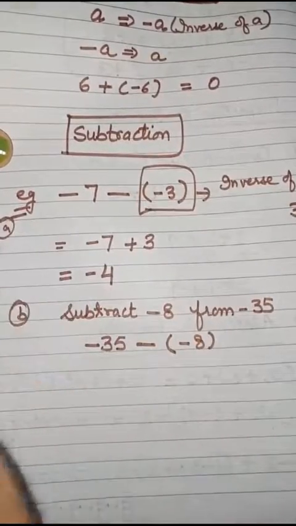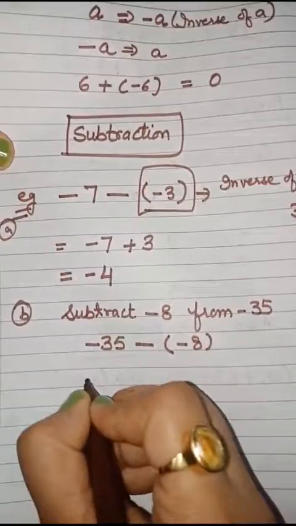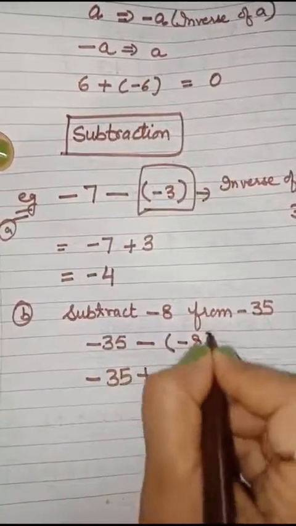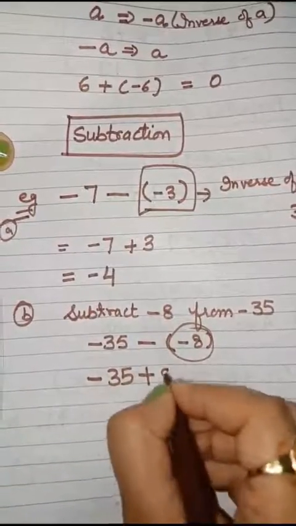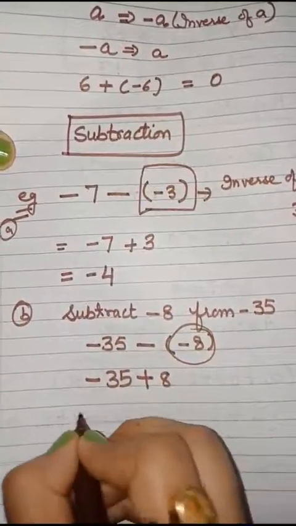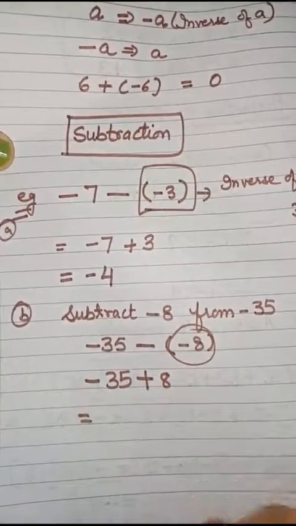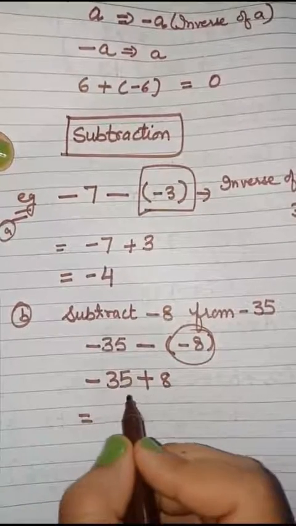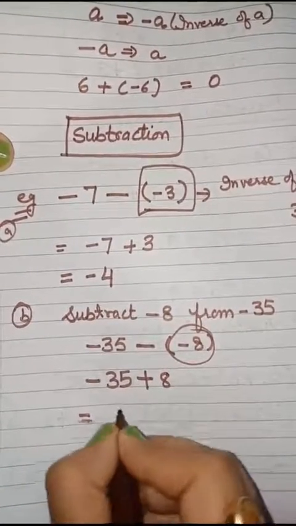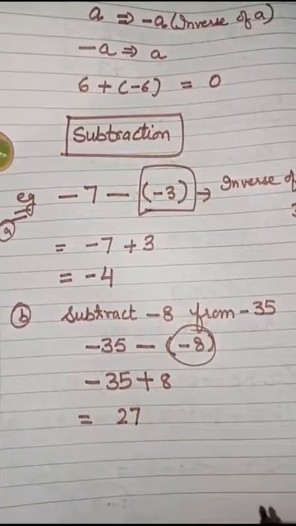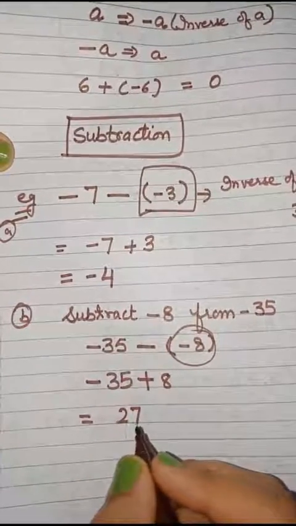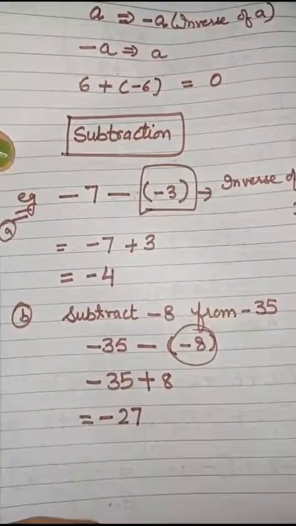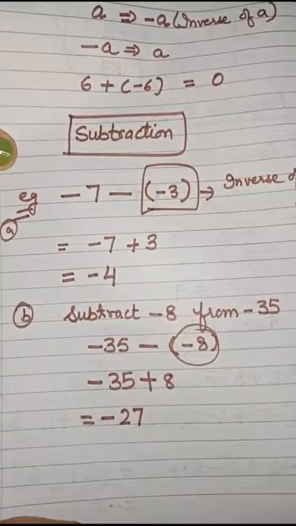As per the properties of subtraction in integers, we first write minus 35 and we add the inverse of minus 8, that is 8. And we know plus minus is minus, so we have to perform minus on this. If we subtract 8 from 35, we would be getting 27, and the sign of the greater number. So the answer will be minus 27.